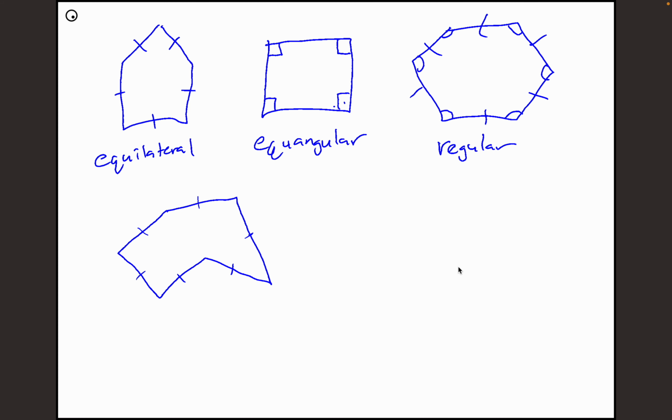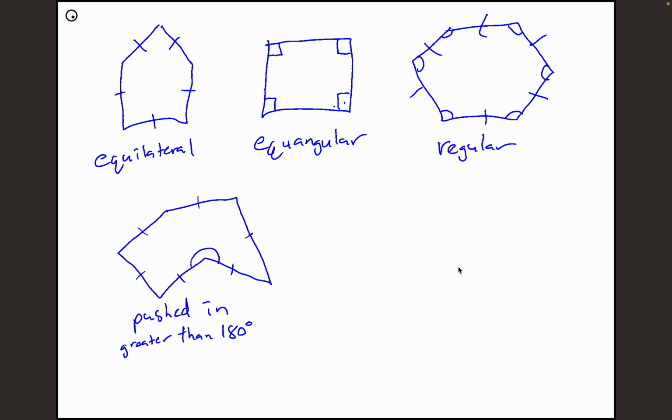Okay, so let's say we have this shape right here. Okay, and I marked the sides. If I mark the sides like that, what do we know about it? It's an equilateral. Okay, but this time we're going to focus on the angles. If one angle is pushed in, do you see how we have this angle right here? Do you see how big the angle is? This angle, it's pushed in, meaning it's greater than 180 degrees.